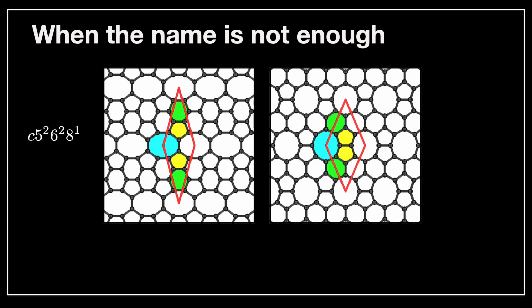So what we decided to do is to say that the difference between the two is that the local environment around each ring is different. So we expand the notation for these cases, where we provide the local environment of each ring, starting from the smallest one. Let me explain by example. The notation is written on the top.